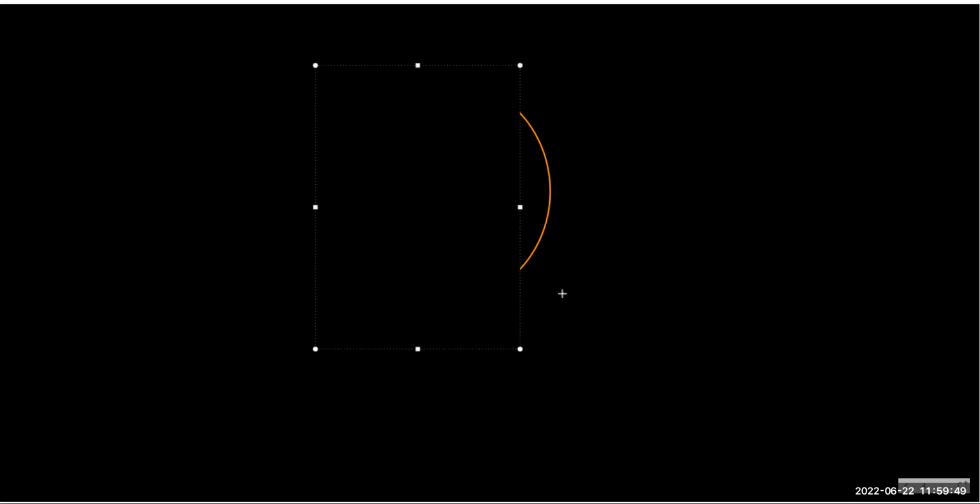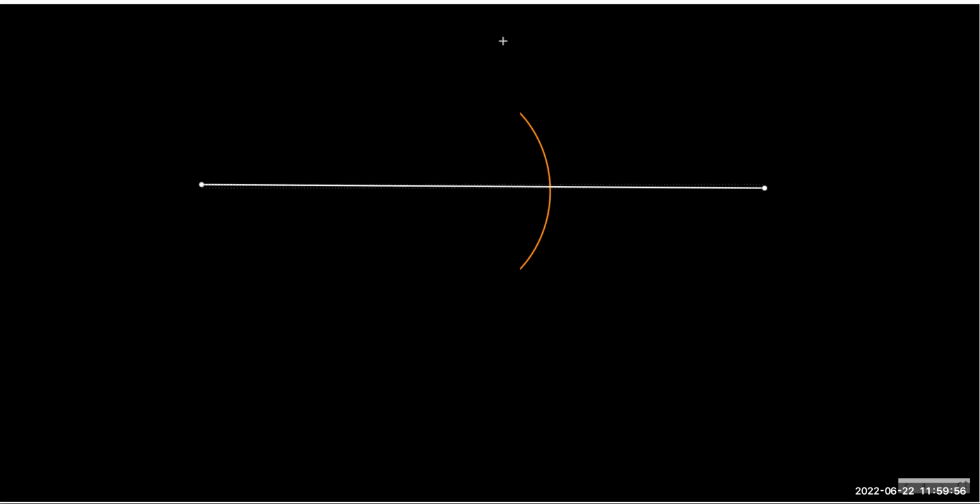So if we have a mirror, now onwards, secondary foci we define only for the paraxial rays. We are not going to define it for marginal rays.